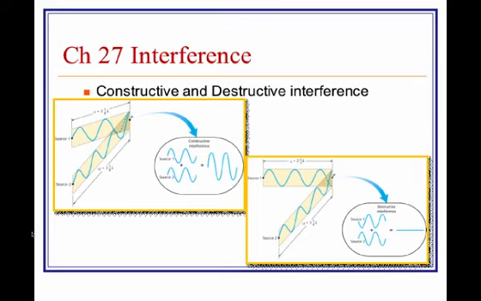On the right, we have two waves, once again from different sources, and they interact at point P and destructively interfere, meaning that they cancel each other out. So there are different types of interference, depending on whether you're adding to create a new wave with a larger amplitude or a smaller amplitude.